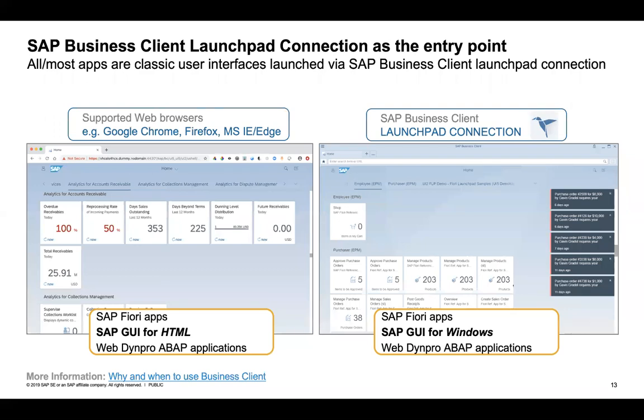So most of them were in the situation of, okay, so most of our users, we want to give them the Launchpad, but we really, really want to give them GUI for Windows for everything else. So they get a mix of both worlds. Two different entry points for different types of users.